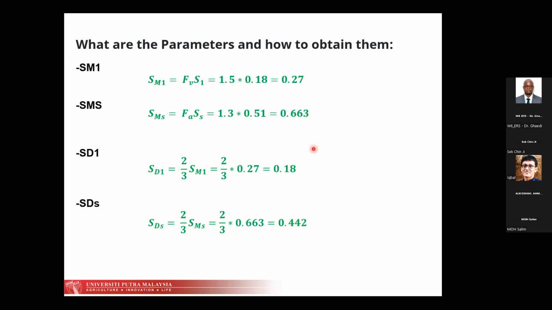Actually, in ASCE 7-16, these values are calculated by default in ETABS, but as Dr. said, we use ASCE 7-22. We should provide SD1 and SDS to the software.